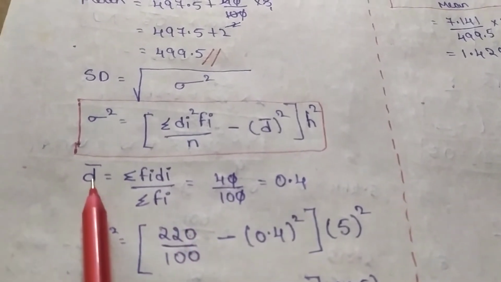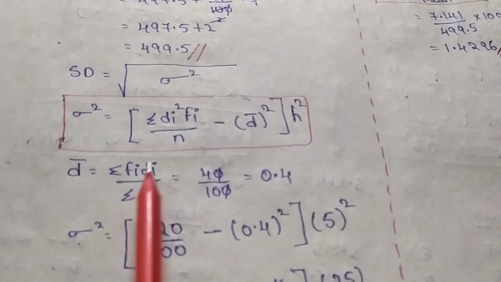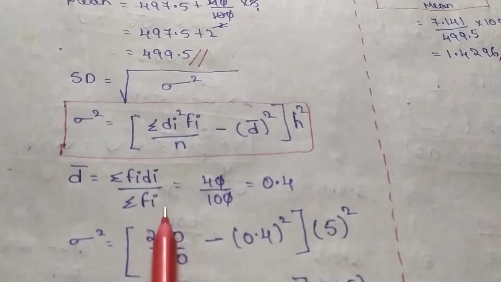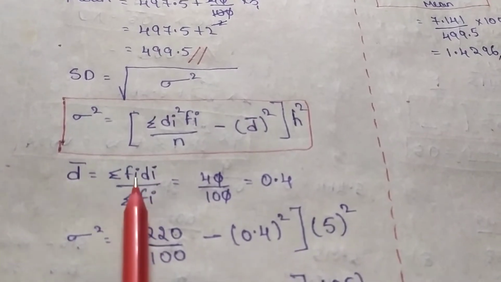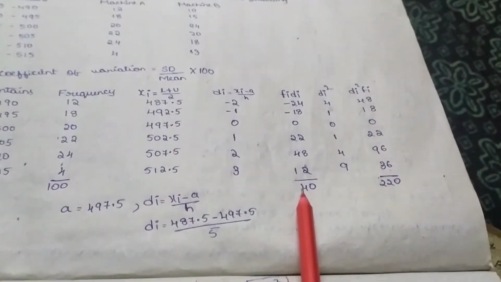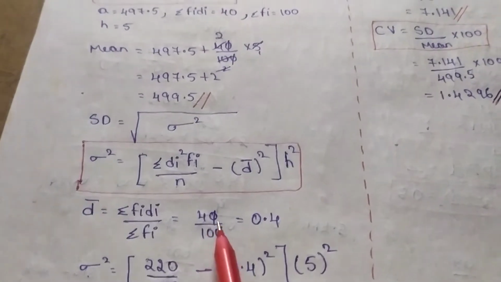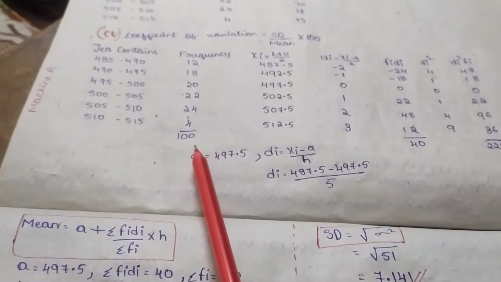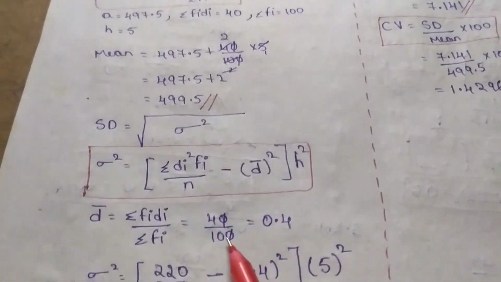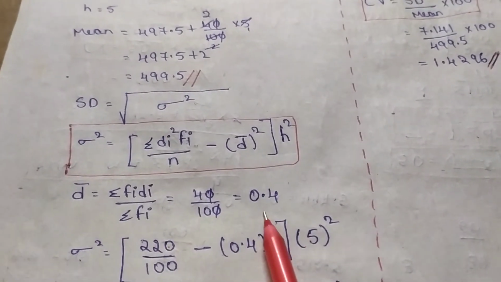This is like x bar, the mean. I explained in the first video that x bar equals summation of xi fi by summation of fi. In the same way, d bar is summation of fi di by summation of fi. The summation of fi di is 40 and summation of fi is 100, so 40 by 100 equals 0.4. So the d bar value is 0.4.